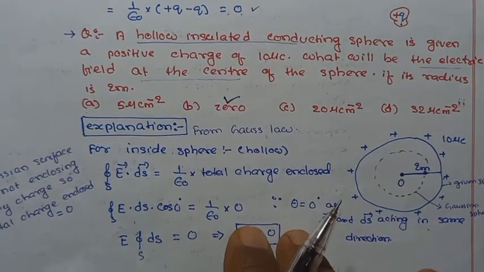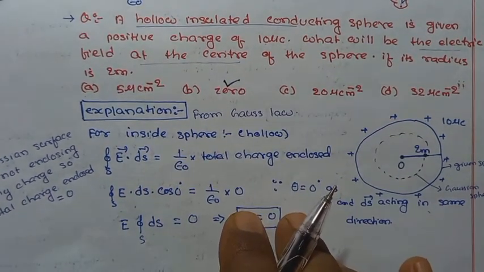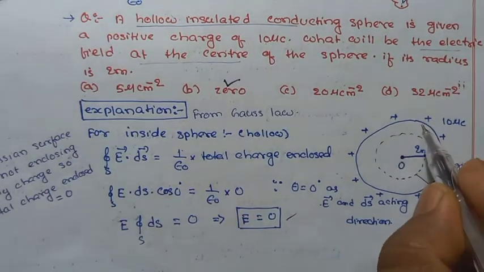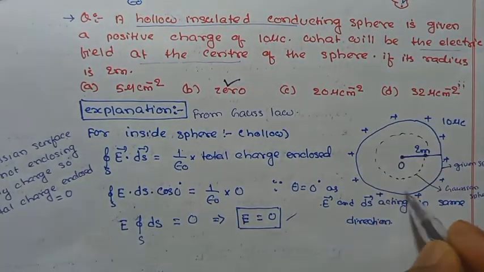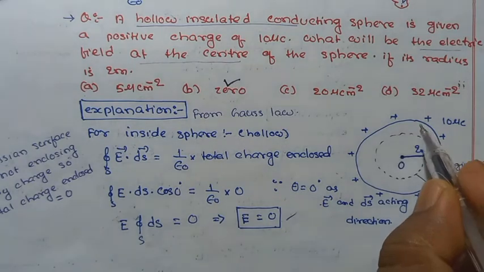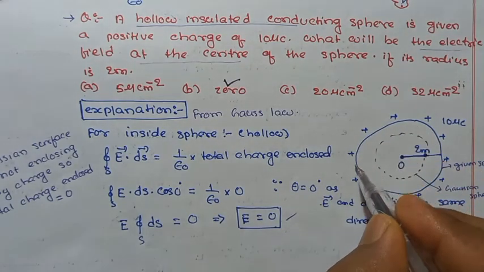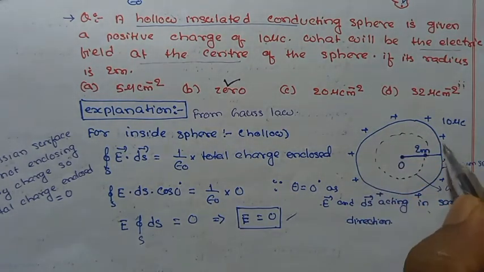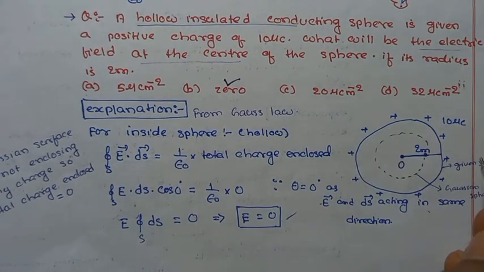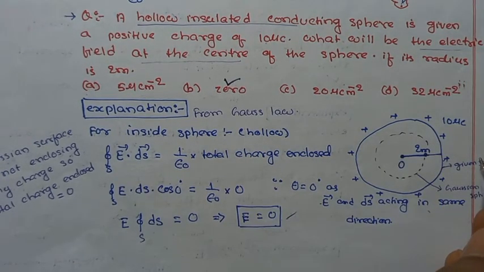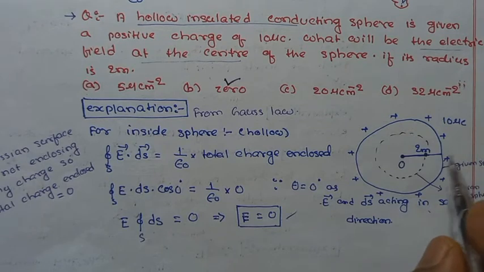Now, the detailed explanation. This is a hollow insulated conducting sphere. So, charge is uniformly distributed on the surface of the sphere. Okay? And the question is asking what is the electric field at the center.